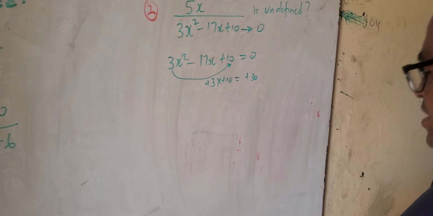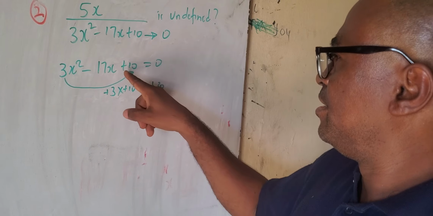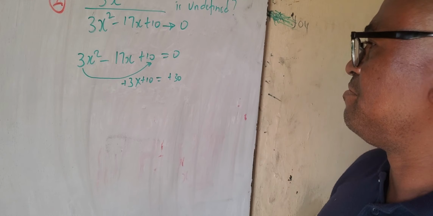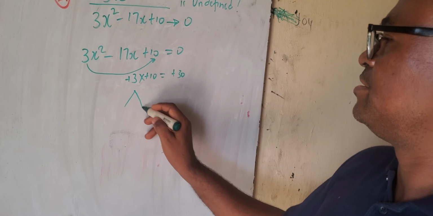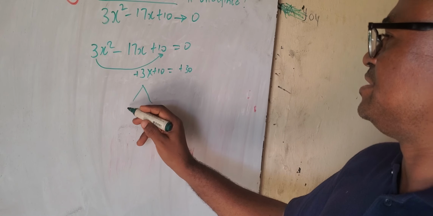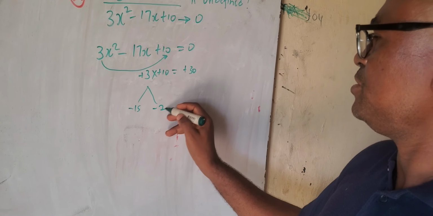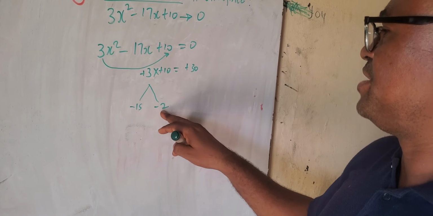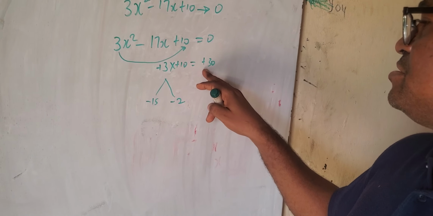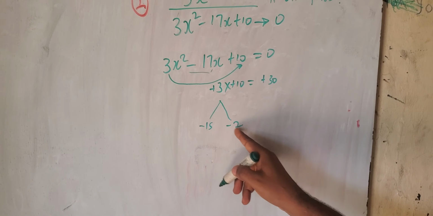So now we consider what are the two numbers we multiply to give us plus 30 and add to give us minus 17. Two numbers that multiply to give plus 30 and add to give minus 17 are minus 15 and minus 2. When we add them together, minus 15 minus 2 gives us minus 17, and minus 15 times minus 2 gives us plus 30. So in a nutshell, we are going to replace this minus 17 with minus 15 and minus 2.